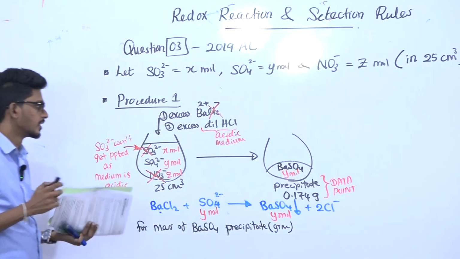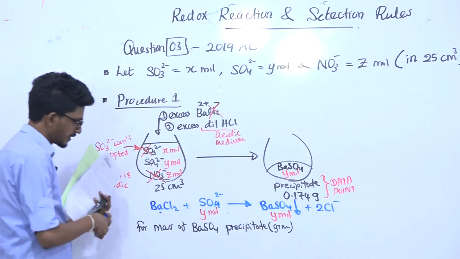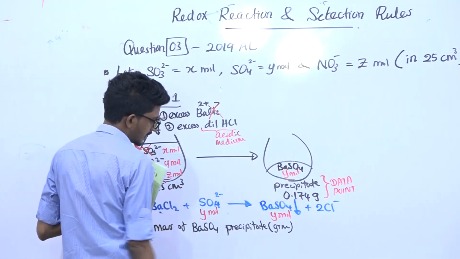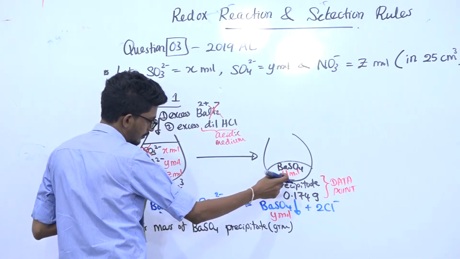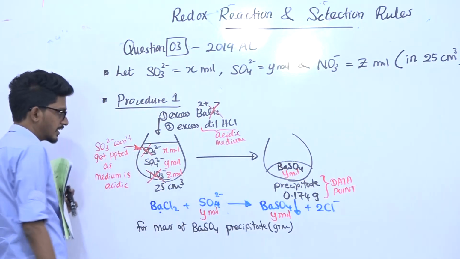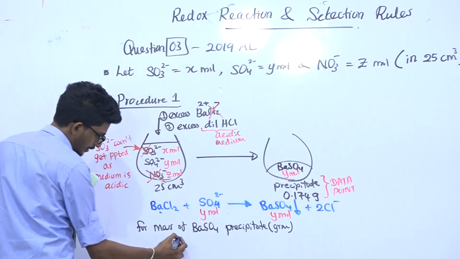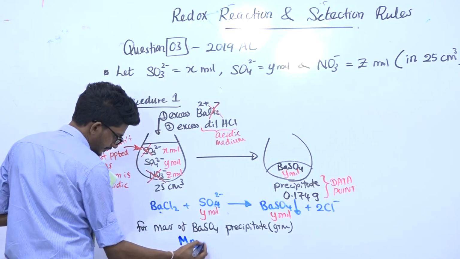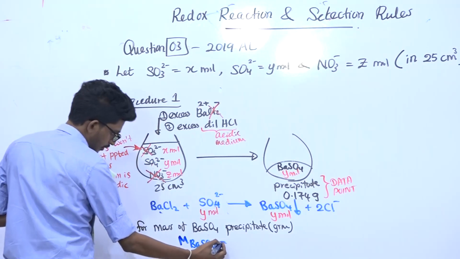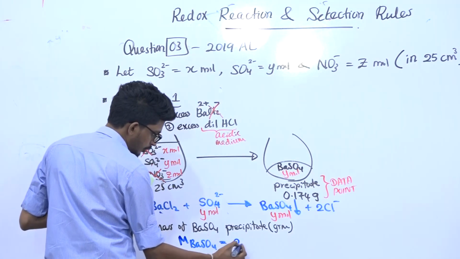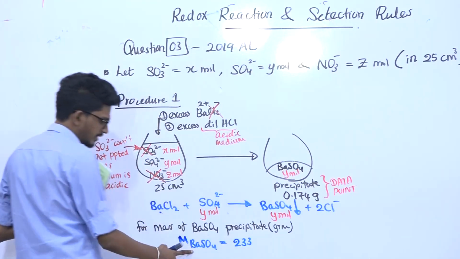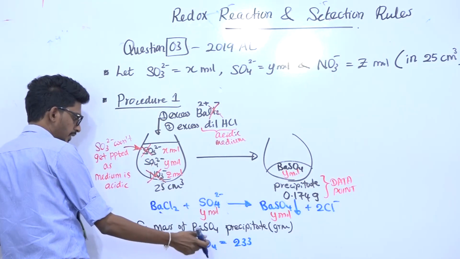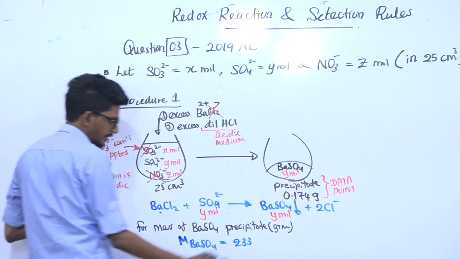For the barium sulfate, the molecular weight is needed to come up with mass. To convert moles to mass, the g mol minus 1 molecular weight is needed. So let's come up with that. The molecular weight of barium sulfate is 233, that is 137, 32, and 4 of 16s.